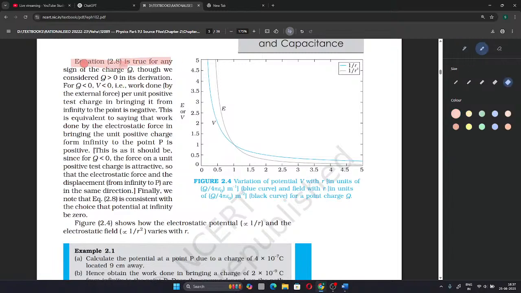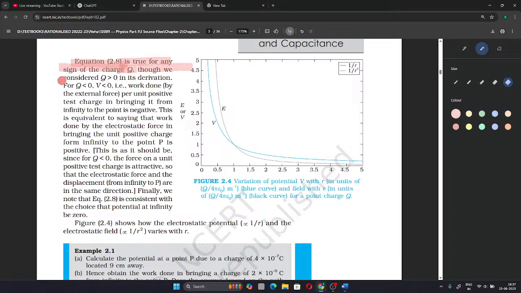That equation is true for any sign of the charge Q. The charge may be positive or negative, and of any magnitude. It is true for any charge Q.